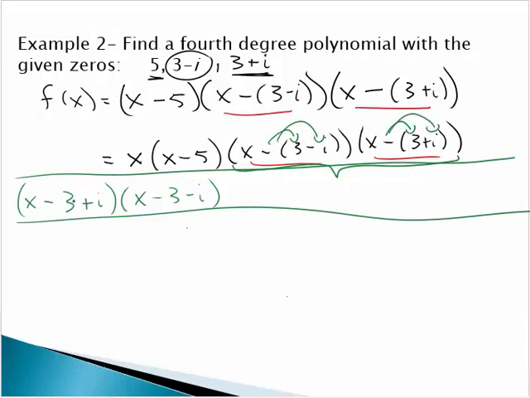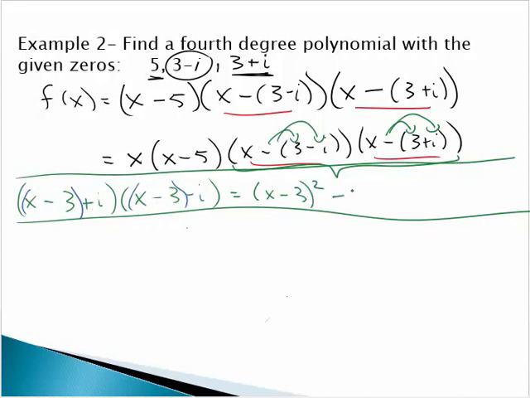And now look what I'm looking at here. I have x minus 3 in both cases. I'm just going to group my problem like this: x minus 3 in both factors and a plus i and a minus i. We know how to multiply things like that. Those are conjugates of each other. So x minus 3, I don't have to FOIL. I just have to multiply the two first terms, which the way I have it is x minus 3, that's my first term, so that would be squared.